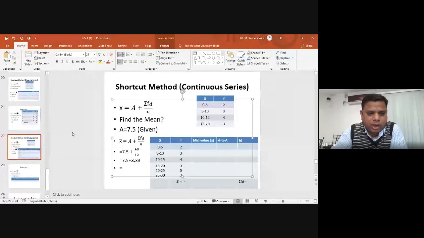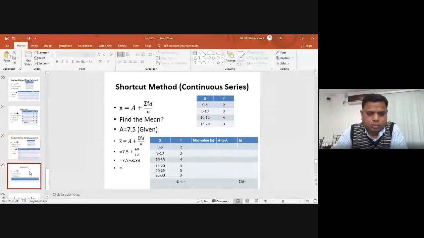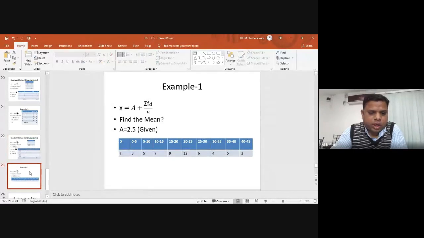As I told, first make a table which contains 5 columns. The first column X, the second column F, the third column represents the mid value, the fourth one represents the D value, and finally a column that represents F into D. In case of mid value, the first one is 2.5.